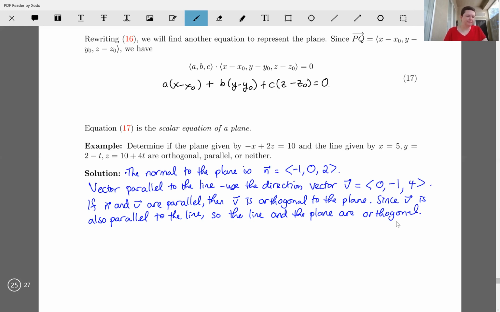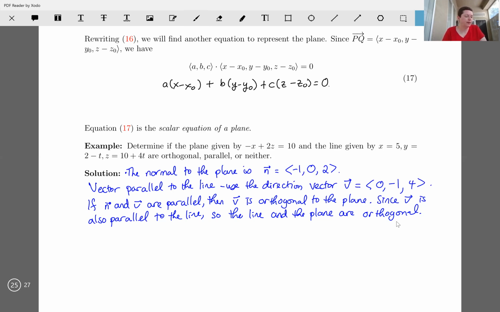So how do we know if the vector is parallel to the line? To be more specific, the normal vector is parallel to the line.